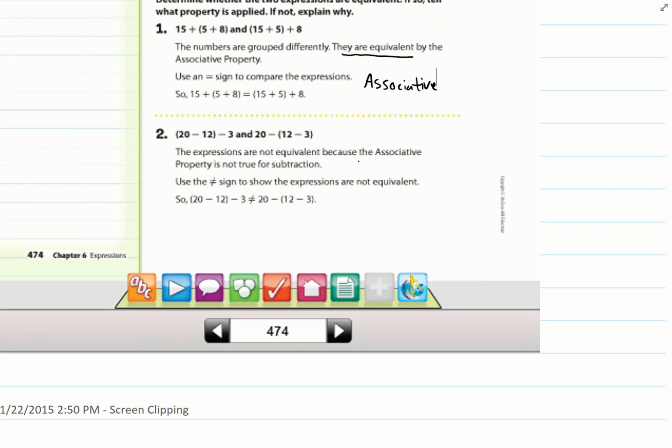Number 2, 20 minus 12 minus 3. And then 20 minus 12 minus 3, but the grouping is different. But we have to remember we have to do parentheses first. So 20 minus 12 is 8, and then 8 minus 3 is 5.